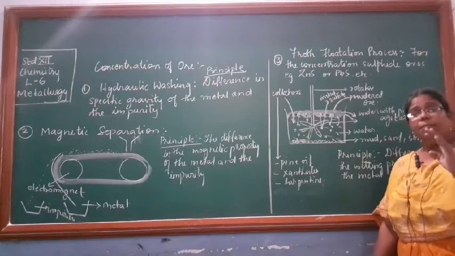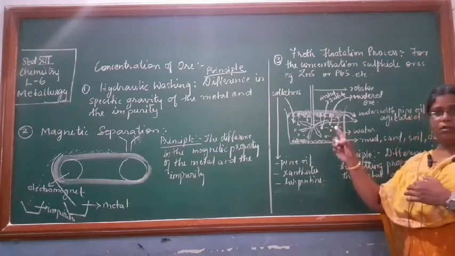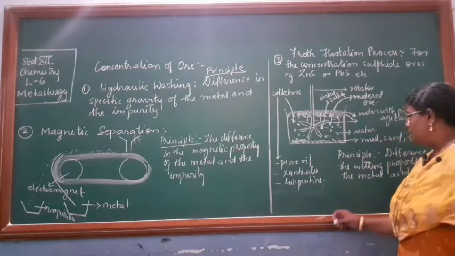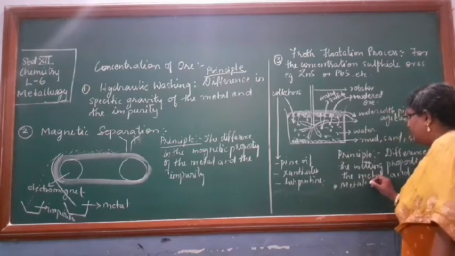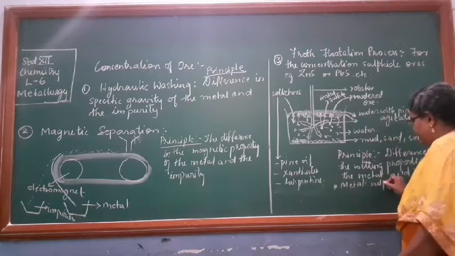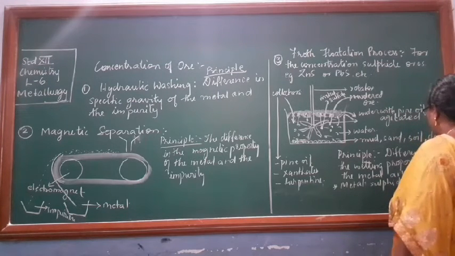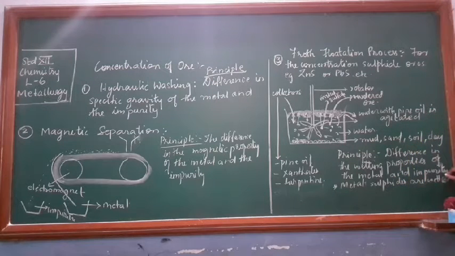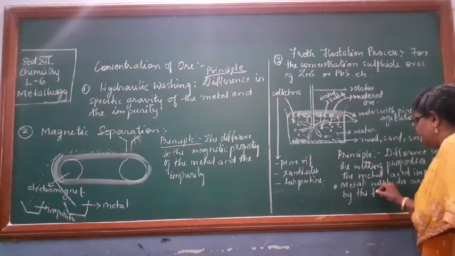It means that metal sulphides will get wetted by the froth, while the impurities are wetted by the water. So we can write here, metal sulphides are wetted by the froth.